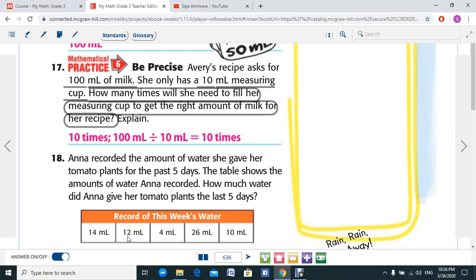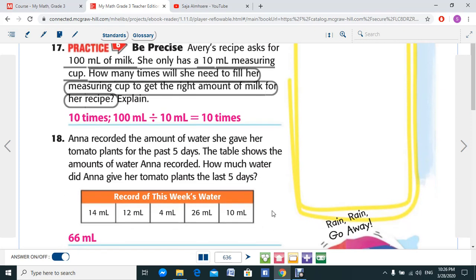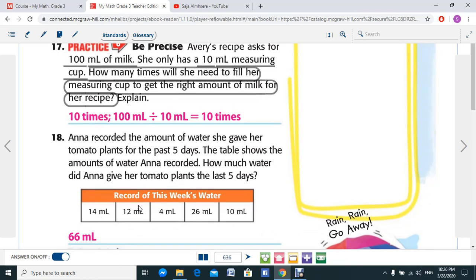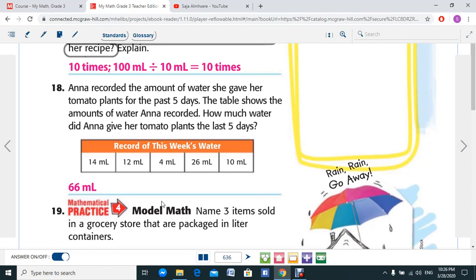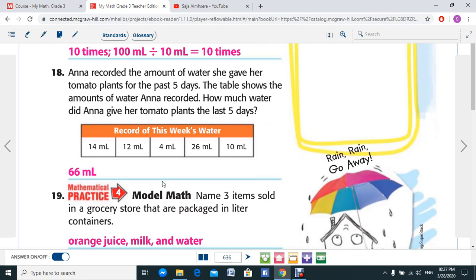The second, 12 milliliter, 4 milliliter, 26 milliliter, and 10 milliliter. When I say how much water in all, I mean that I will add all of the water she gave her plants over the 5 days. So I will add 14 plus 12 plus 4 plus 26 plus 10, and the answer is 66 milliliter. Okay, we added all the numbers.